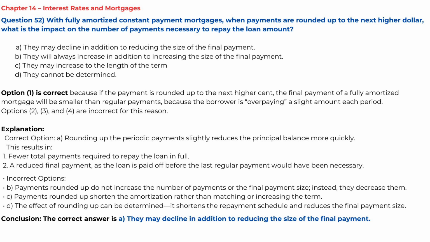Instead, they decrease them. C. Payments rounded up shorten the amortization rather than matching or increasing the term. D. The effect of rounding up can be determined. It shortens the repayment schedule and reduces the final payment size. Conclusion: the correct answer is A.